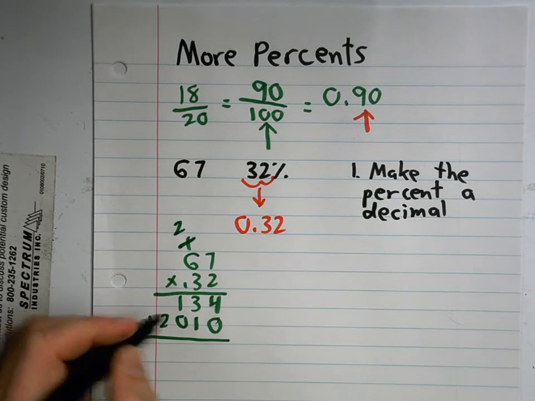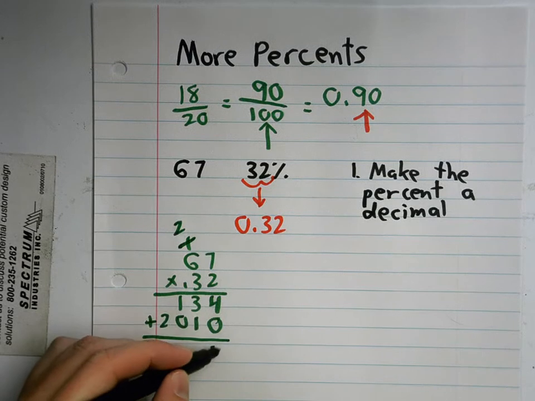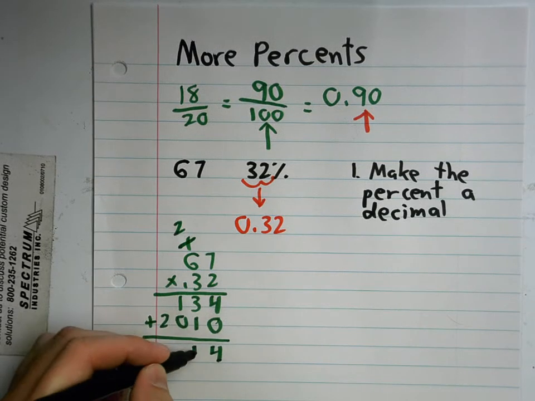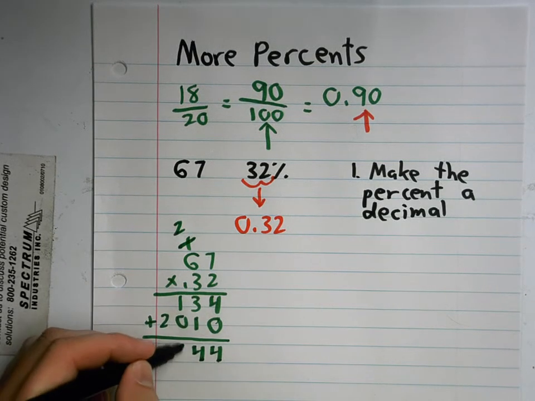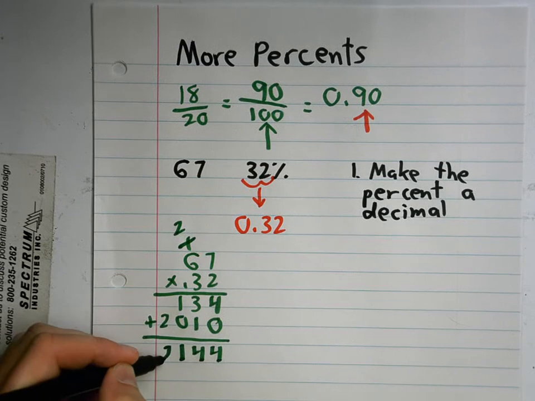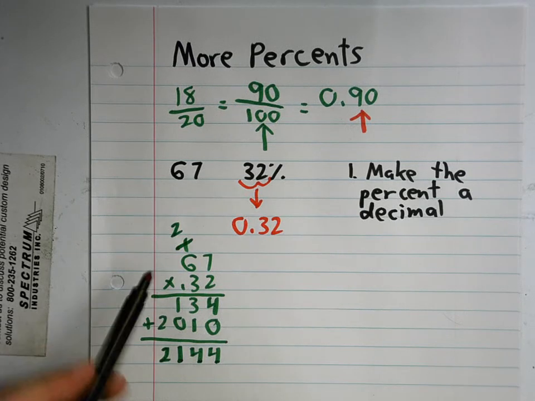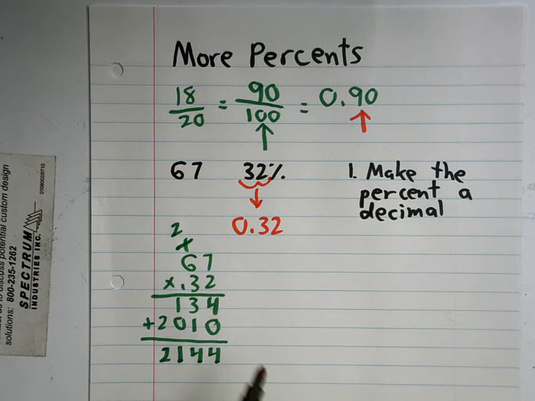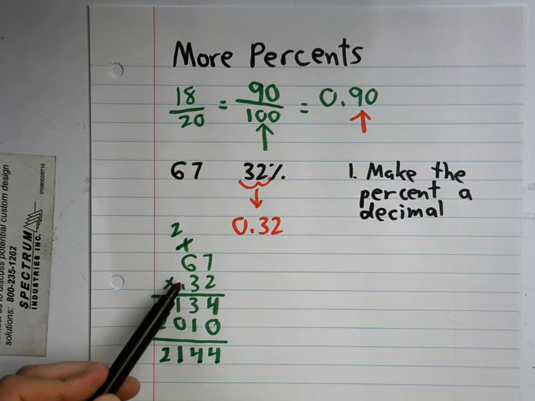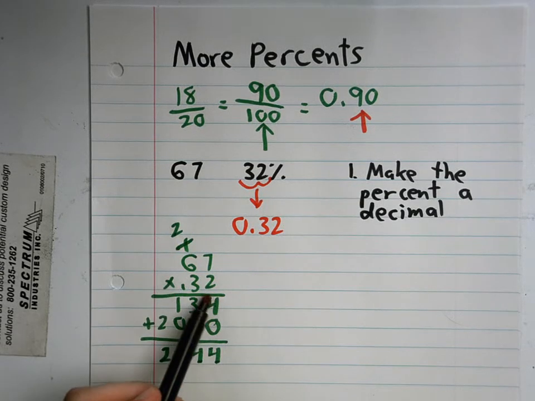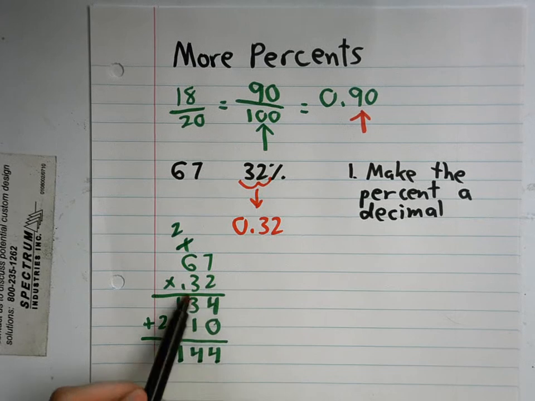Now I'm going to add them up. 4 plus 0 is 4. 3 plus 1 is 4. 1 plus 0 is 1. Nothing plus 2 is 2. Well, I'm not done yet. I know that when I use multiplication problems that have decimals, I have to see how many places in all of the numbers a decimal is moved over. In this case, only one of our numbers, the 0.32, has a decimal, and it's moved over 2 times.